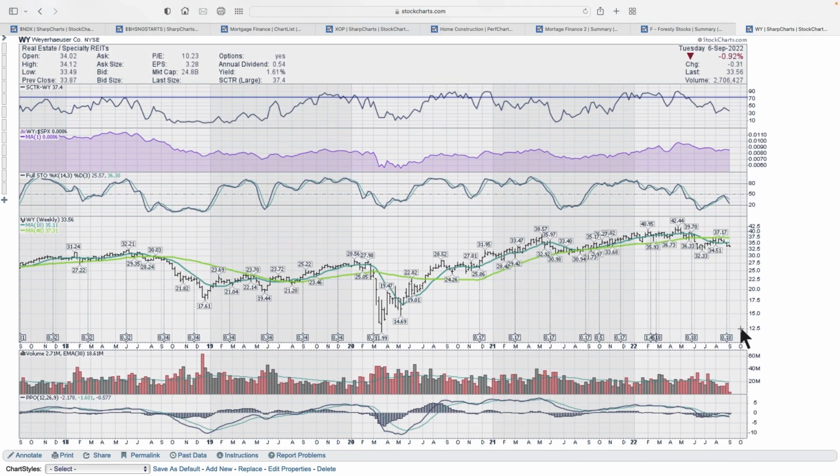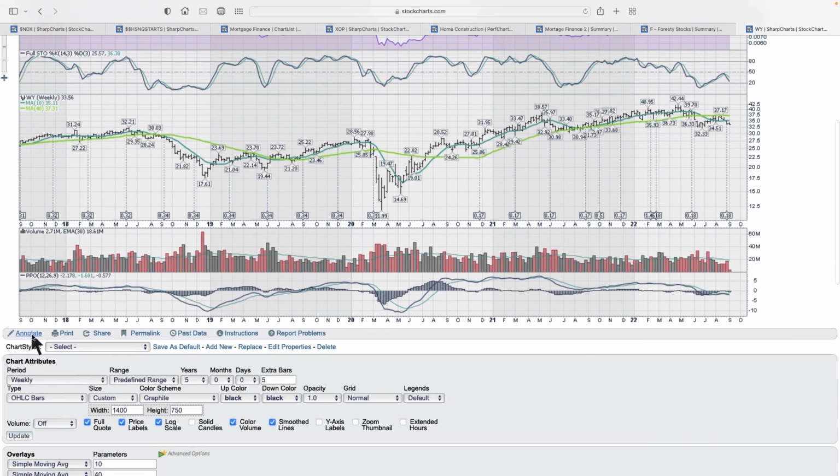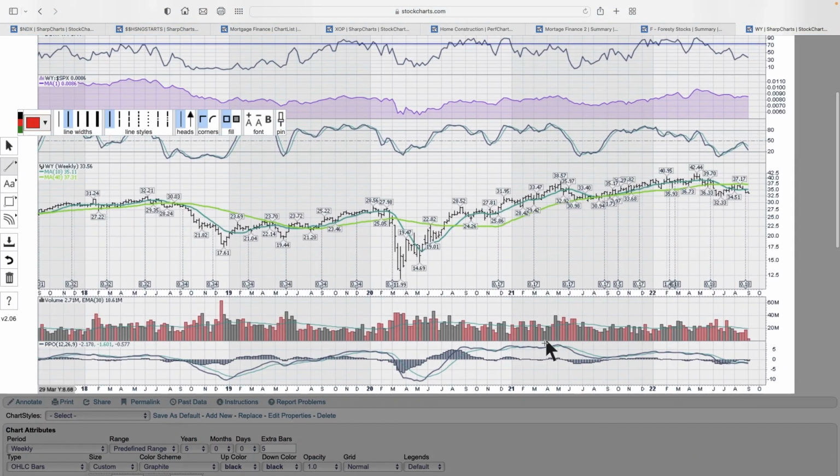So out of all of the charts we looked at, we don't have any that are improving. If I was to grab Weyerhaeuser and draw some trend lines on here, until it started to break these big downtrends positive, I'm probably not interested in the stock.